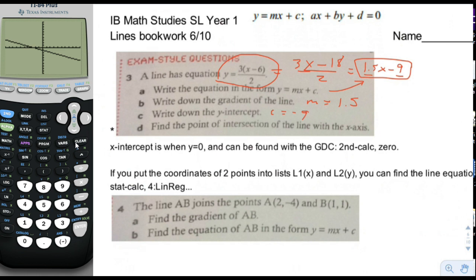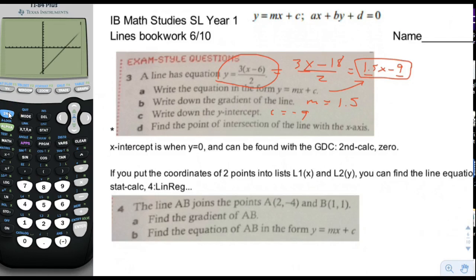Find the point of intersection of the line with the x-axis. Okay, now we just figured out how to do that on the calculator, right? So we could put, in the calculator here, 1.5x minus 9. And then we're going to graph it.